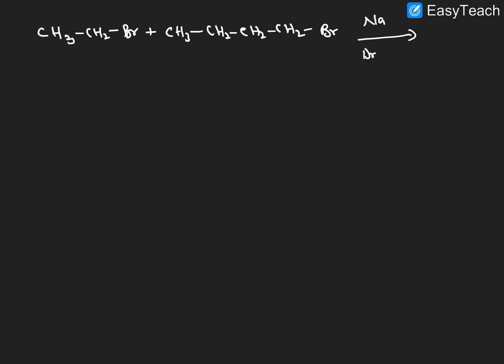We will take one example, ethyl bromide, CH3CH2Br, treated with CH3CH2Br, in the presence of sodium and dry ether.